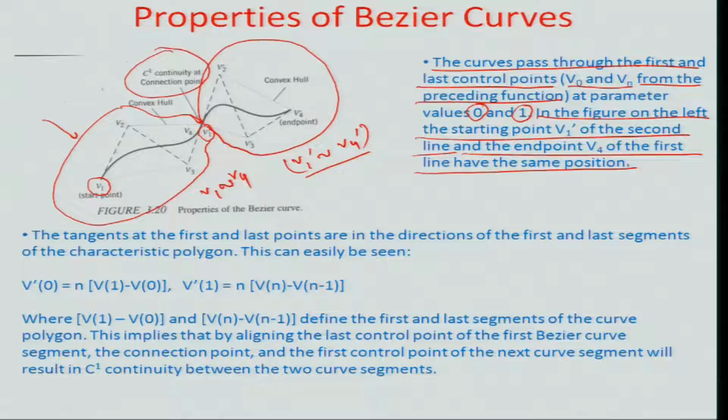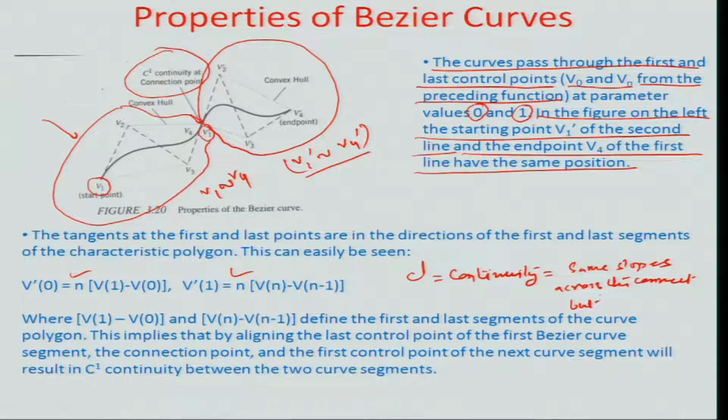Okay. So in such a case, if the tangents were supposedly defining a C1 continuity. Remember, C1 continuity means same slopes across the connection, but not necessarily the same center of curvature.